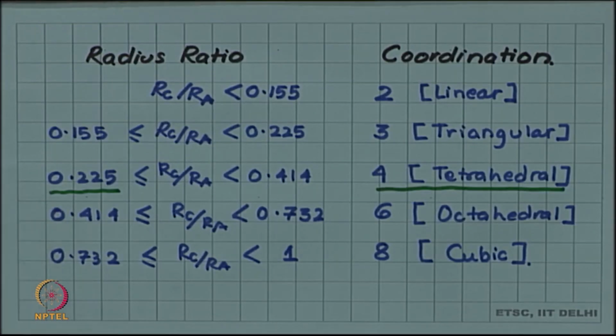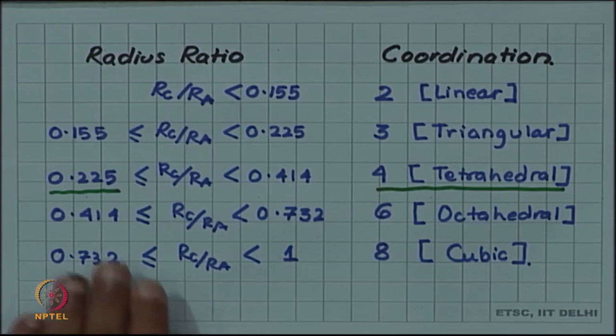The two facts are not consistent, because that was our argument for deriving the radius ratio for the tetrahedral void, and sometimes it creates confusion about whether this is a minimum or maximum for tetrahedral coordination. So, 0.225 is the maximum sized sphere which will fit in a tetrahedral void in cubic or hexagonal close packed structure, but it is the minimum radius ratio at which the tetrahedral coordination becomes stable.